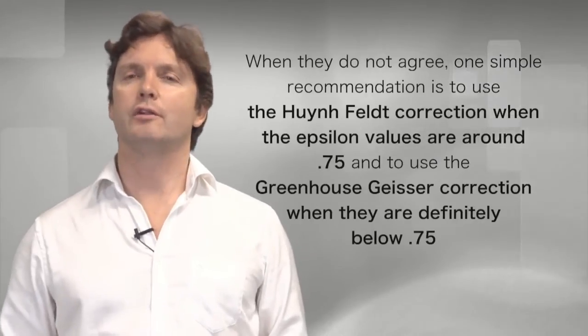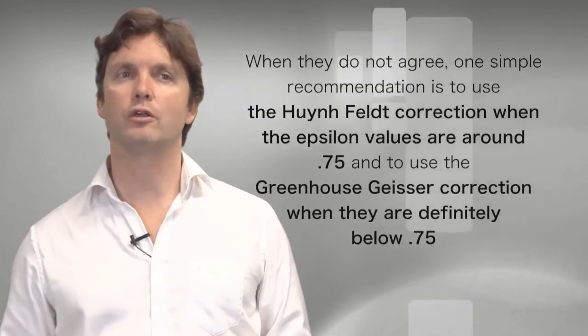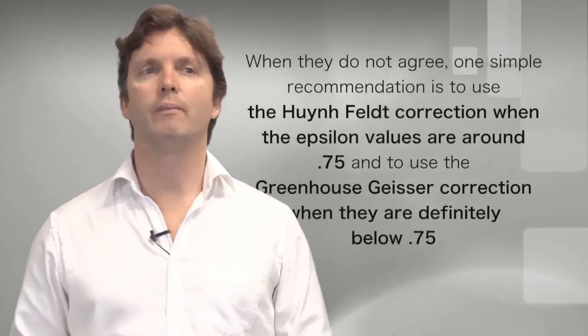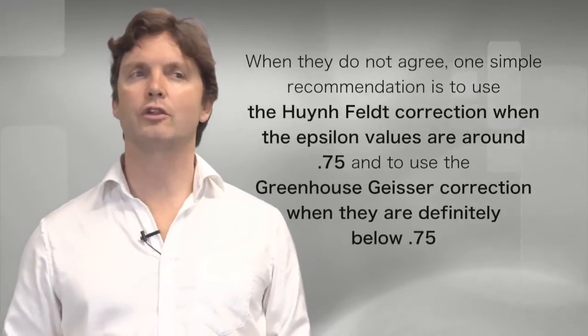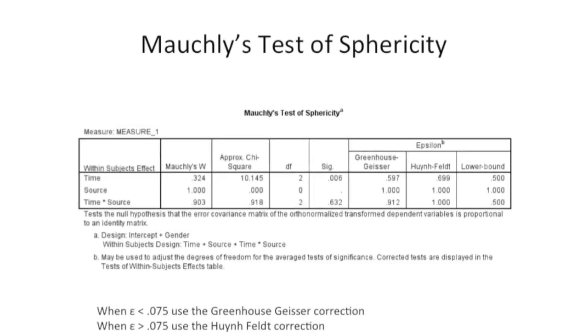When they don't agree, one simple recommendation is to use the Huynh-Feldt correction when the epsilon values are around 0.75, and to use the Greenhouse-Geisser correction when they're definitely below 0.75. Now in our analysis, we can see that the epsilon value is less than 0.75, so we're going to use the Greenhouse-Geisser correction.